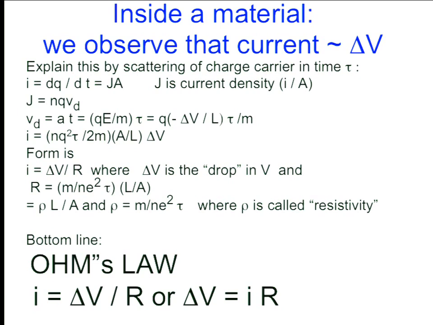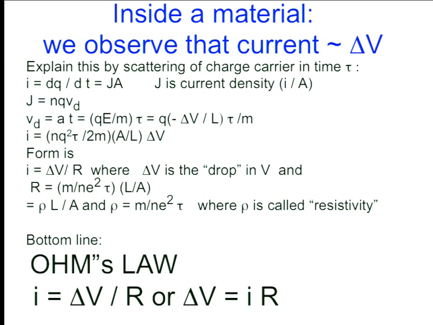So you end up with an average velocity given by this acceleration times the scattering time. And then you just have to say that my current is related to this drift velocity, because the current is proportional to the velocity times the number of carriers and their charge. That's going to be the current.